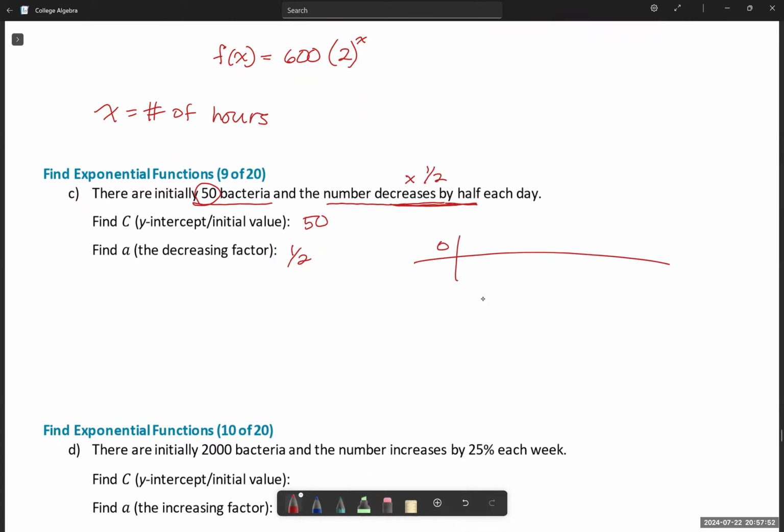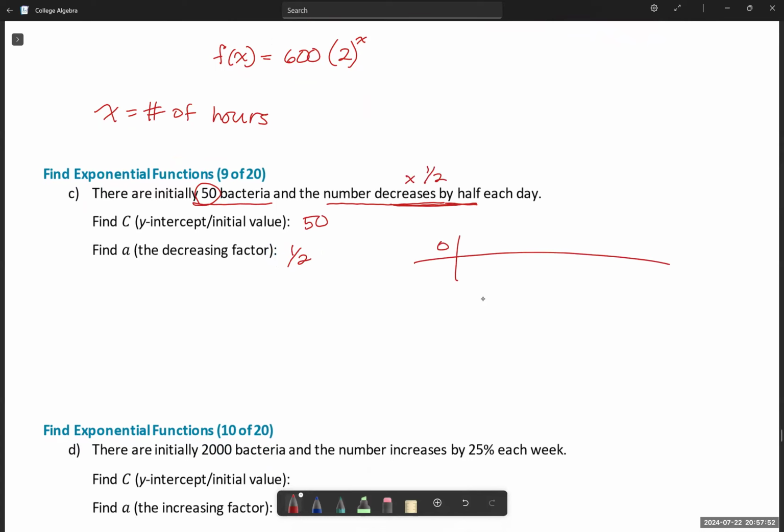That's our growth rate. It's greater than 1, because if it was just 1, we'd have the same amount every time. So when it's greater than 1, that means we're increasing, just like we talked about right here. That number is greater than 1. It's increasing. When that a value or that growth rate is less than 1, we have a decrease in value.